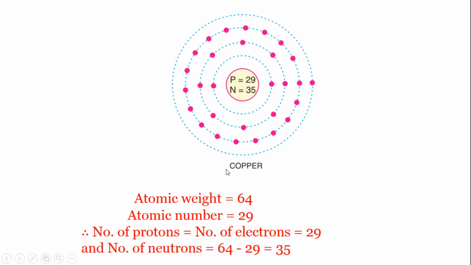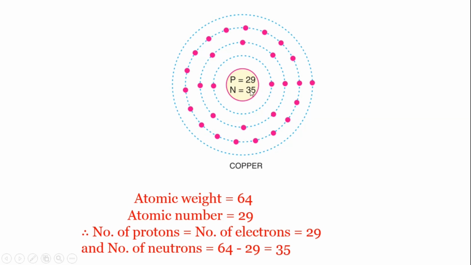So let us take the material copper. This is the atomic structure of copper. The atomic weight of copper is 64. The atomic number is 29. As I said, the 29, which is the atomic number, is nothing but the number of protons or the number of electrons, both equal to 29. So the number of neutrons is 64 minus 29, which is equal to 35.